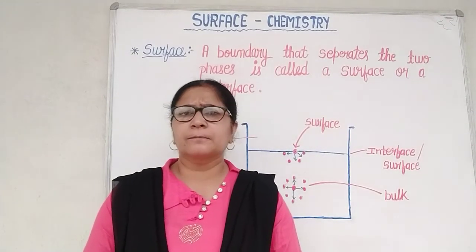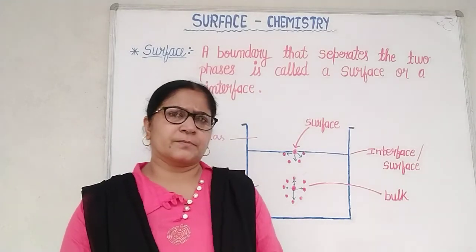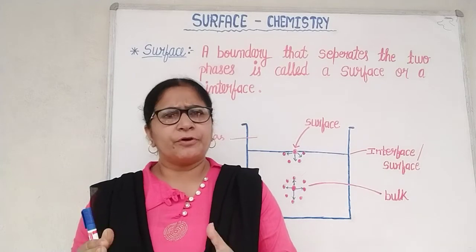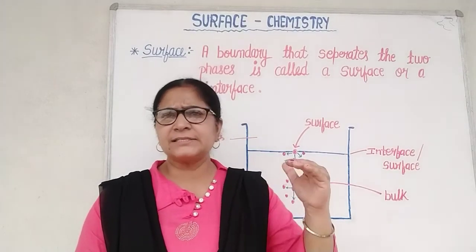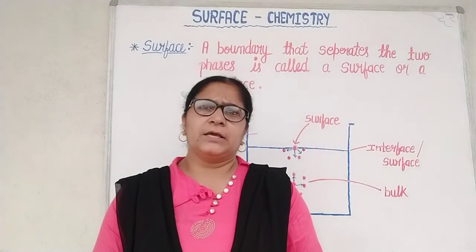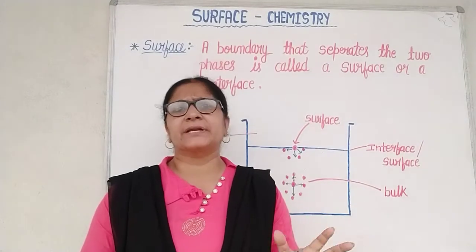For example, take a vessel of water. In the vessel, we could see that the water is in liquid phase, and on the upper level there is nothing but gas.